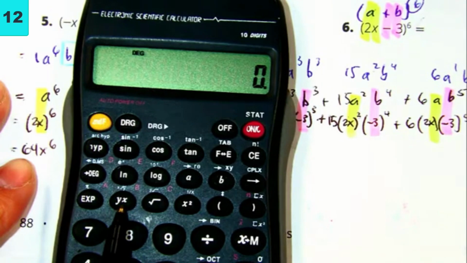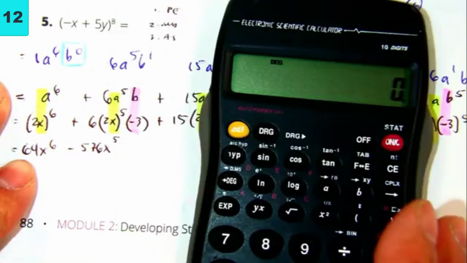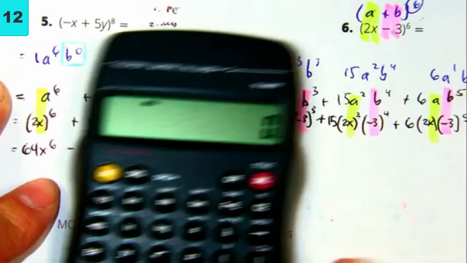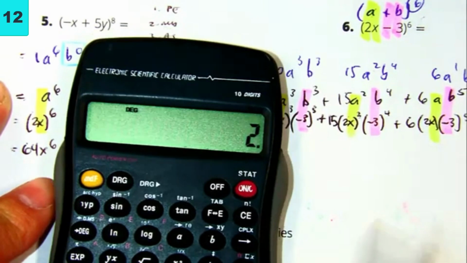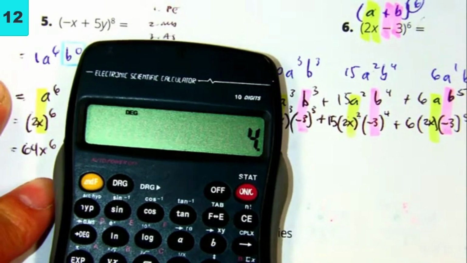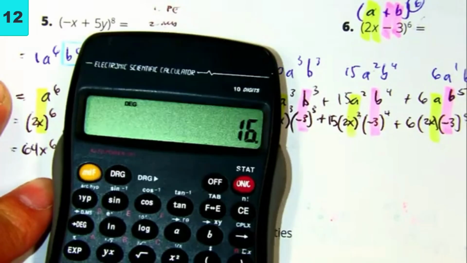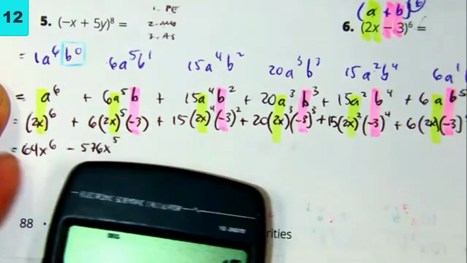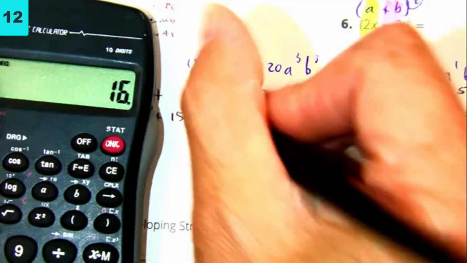This one says y to the x. So if I was doing something like 2 to the 4th power, 2 y^x 4, so that's 2 times 2 times 2 times 2, and that should be 16. There it is. So if you're using a calculator like this, you can probably write the numbers underneath if you want.